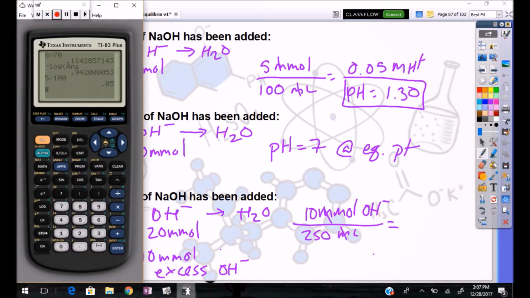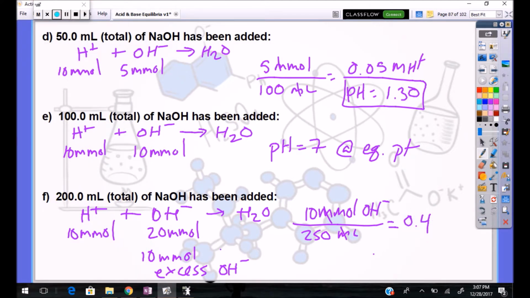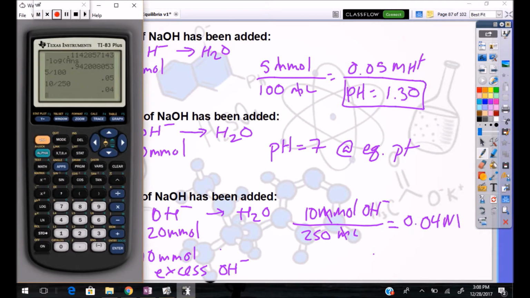This gives me a concentration of 0.04 molar. I do my negative log of that.